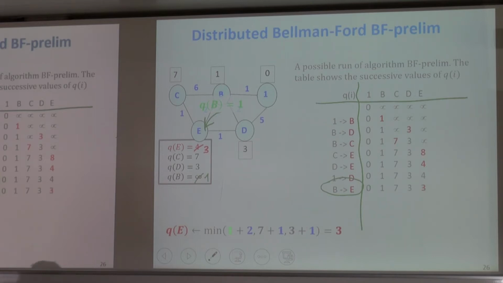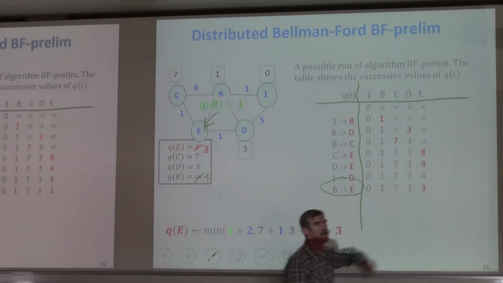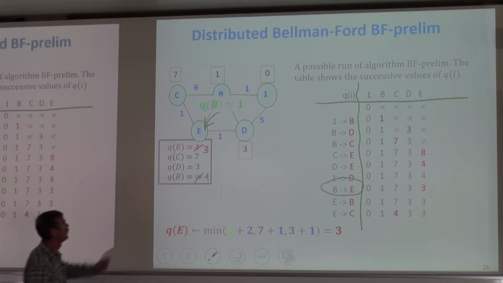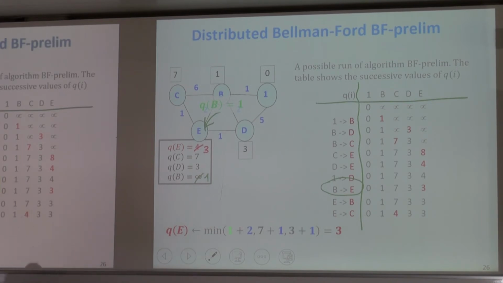This is showing here the value of Q at the different nodes at this time in the evolution of the algorithm. And then we can continue the simulation. We could see, for example, sooner or later, E will also send a message to B with its new value, because now it has changed from 4 to 3. It will inform the neighbors. Nothing will happen.